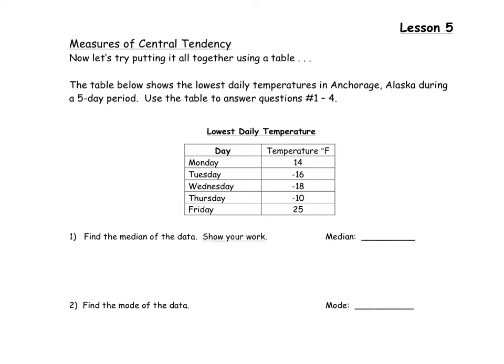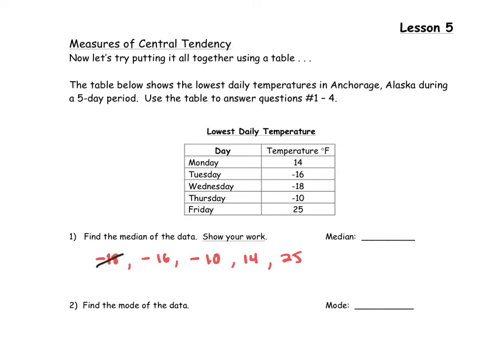So we're going to put that in order. Say negative 18. Then the next number is negative 16, followed by negative 10. Then the next two numbers are positive, so 14 and 25. So the median is the middle number of data.